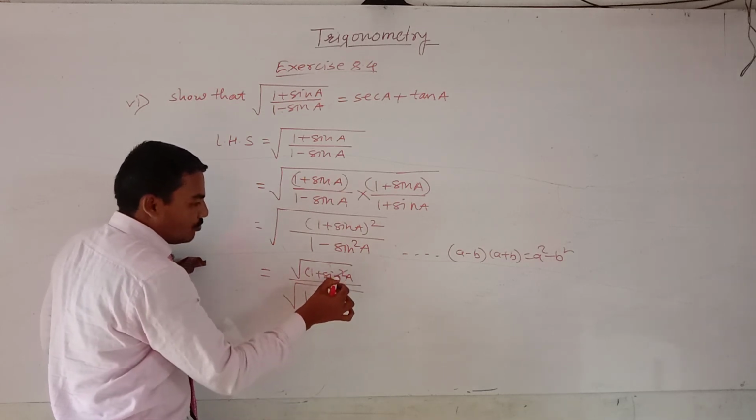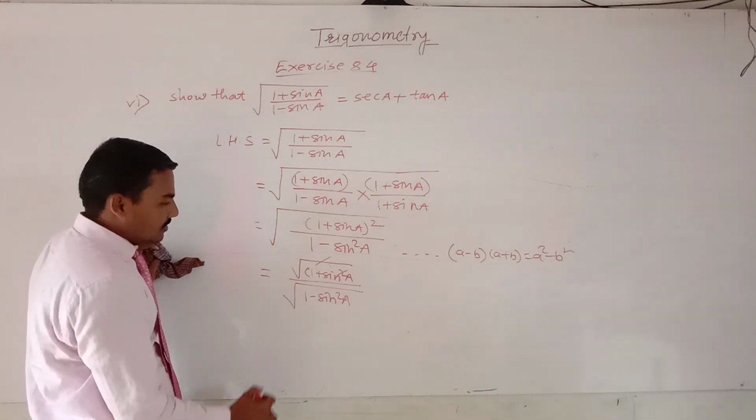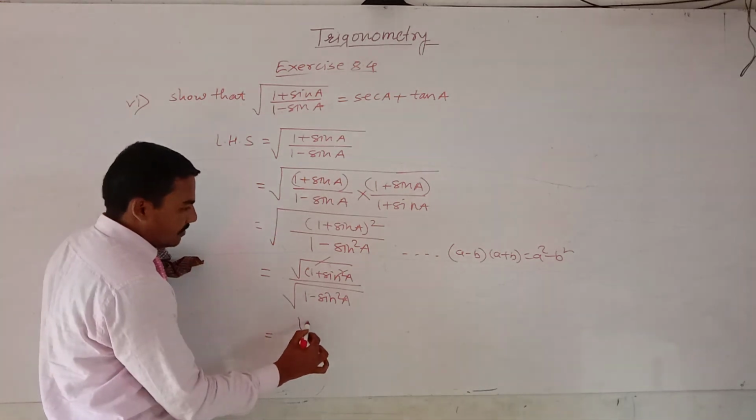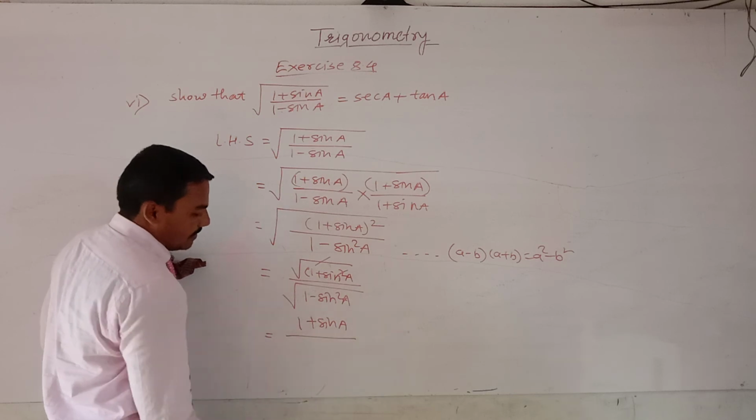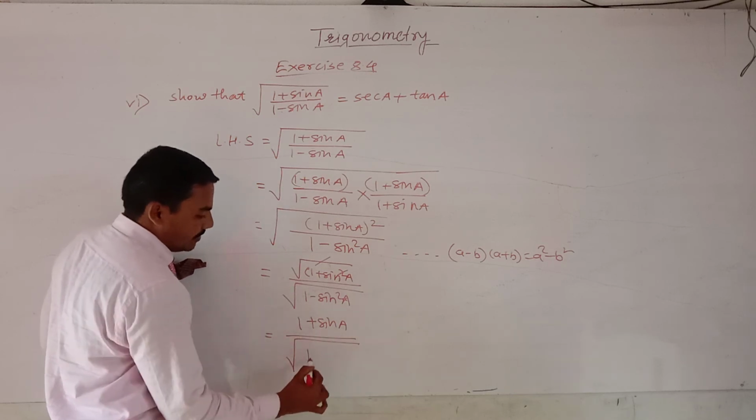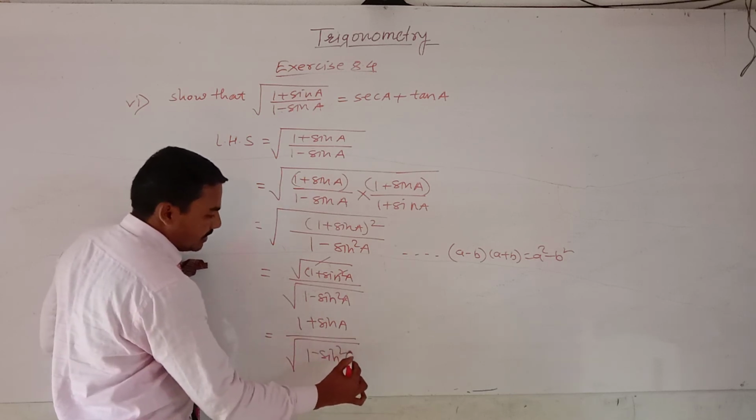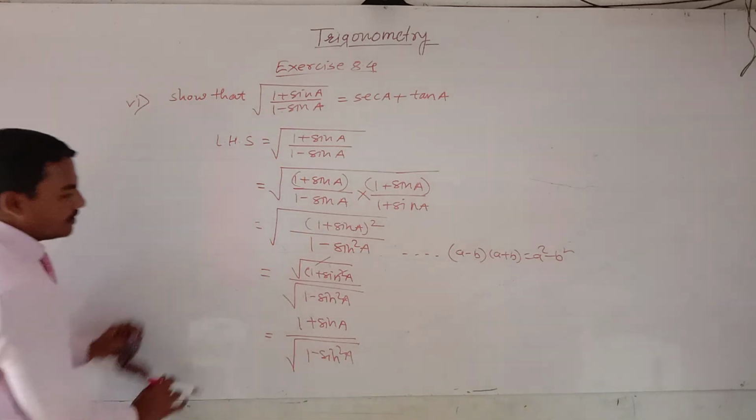So its square and square root get cancelled. Now remain 1 plus sin A and नीचे 1 minus sin square A. Okay.